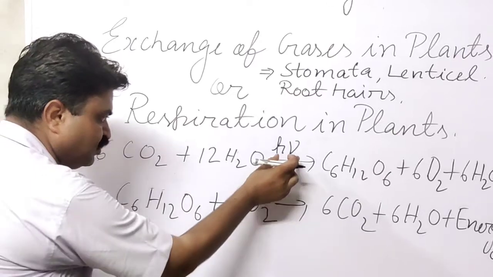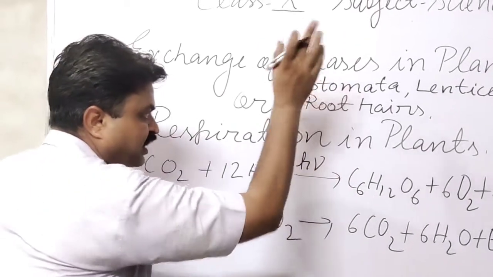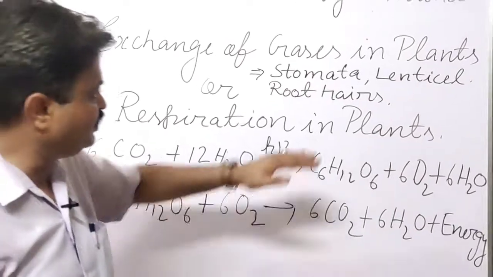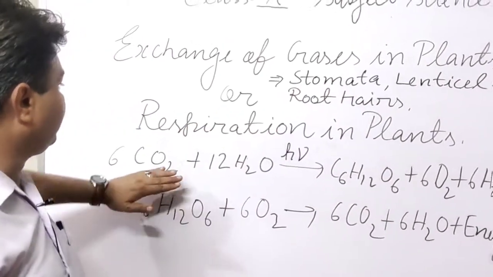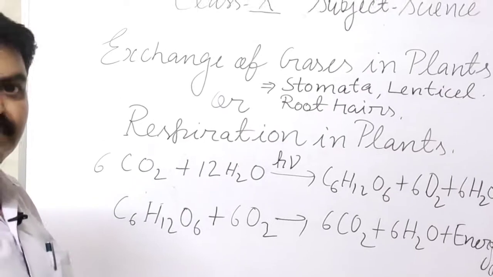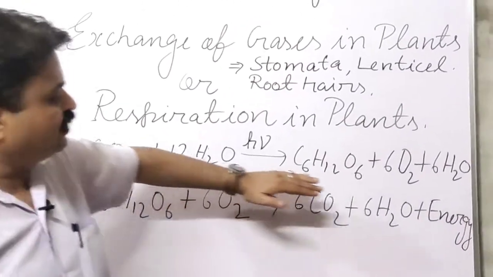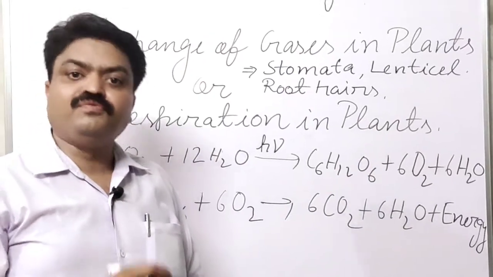So in the presence of sunlight, these stomata are opened, and with the help of these stomata, they get the carbon dioxide.